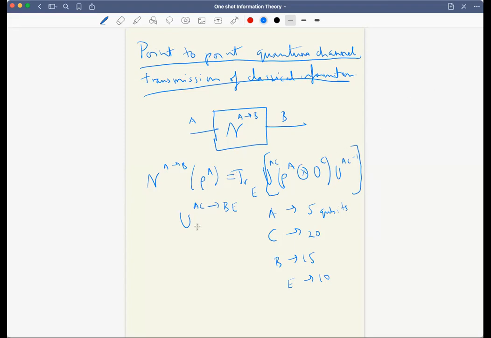There is a name given to this unitary that realizes the channel. It's a fancy name, called the Stinespring dilation, named after a mathematician. Basically, this. Okay, fair enough.